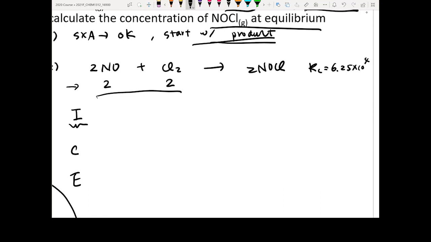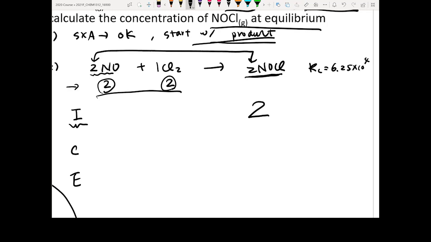If you look at the coefficients carefully, 2, right? You need 2 M of NO with 1 M of Cl2 to produce 2 M of NOCl, right? So right now you have 2 M of NO and 2 M of Cl2. You should be able to see that in the initial condition you're going to have 2 M of NOCl, because the coefficient ratio is 1 to 1.